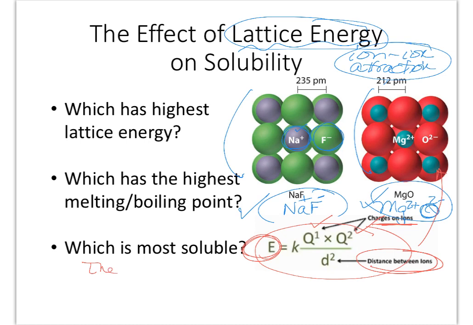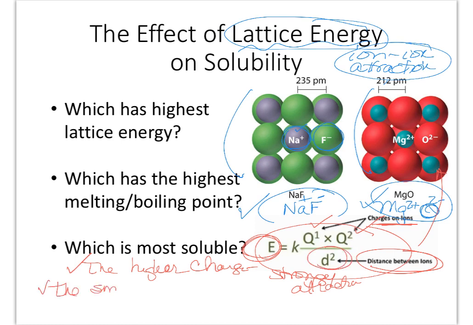The higher the charge on each of the ions, the stronger the lattice energy, or the stronger the attraction is. And the smaller the distance between the ions, the stronger the lattice energy.